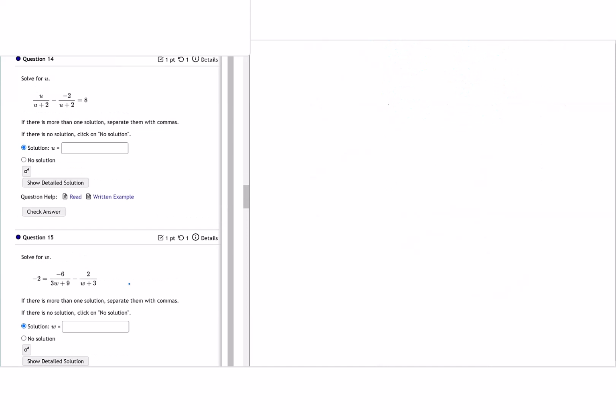Number 14. U divided by u plus 2 minus 2 over u plus 2 equals 8.